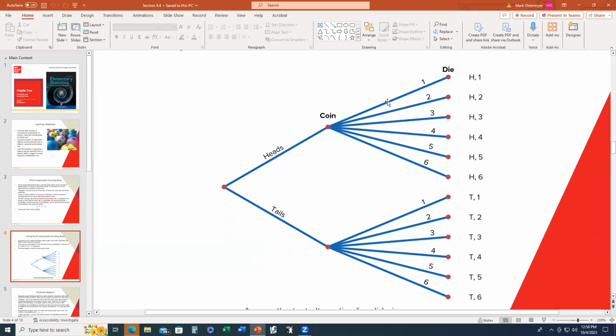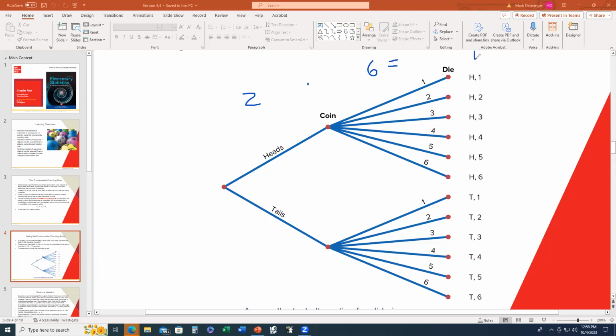And when you roll a die, you're going to roll a 1, 2, 3, 4, 5, or 6. So there's two possible ways in which the first event can occur, and 6 possible outcomes in which to roll a die. Therefore, the total number of possible arrangements, according to the fundamental counting principle, is going to be 2 times 6, or 12.